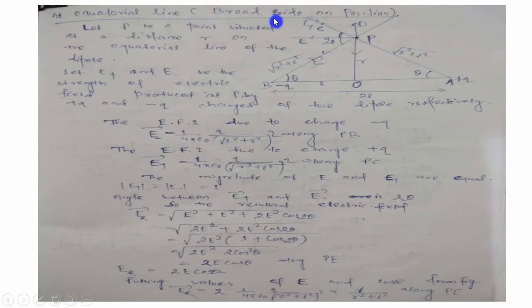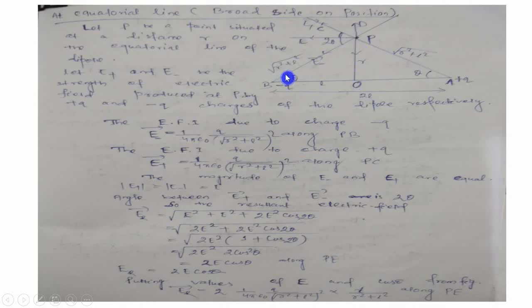In the figure, consider AB is an electric dipole where O is the center of the dipole, and let P is a point where a test charge is there from O and the distance is R.